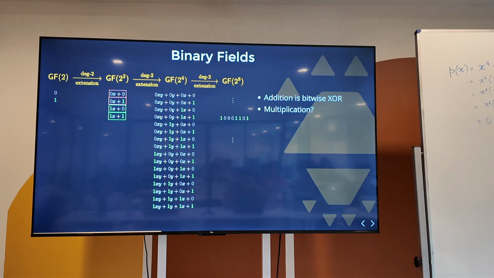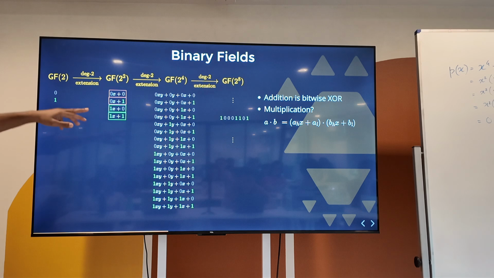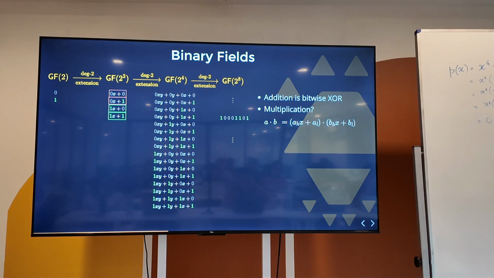Multiplication is slightly complicated, because to multiply two numbers A and B, you split each of them into two parts, the higher part and the lower part, H and L. Now you effectively have to multiply these two polynomials in X. So multiplication now boils down to multiplication of polynomials.